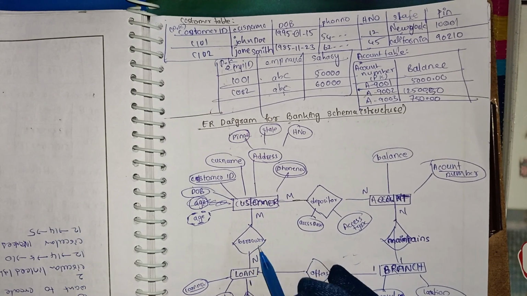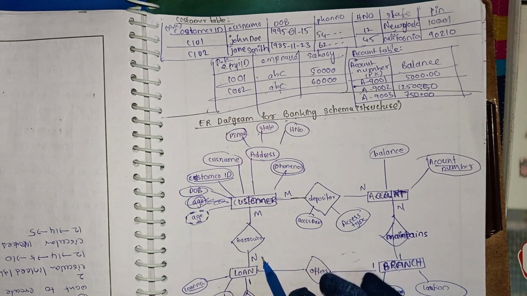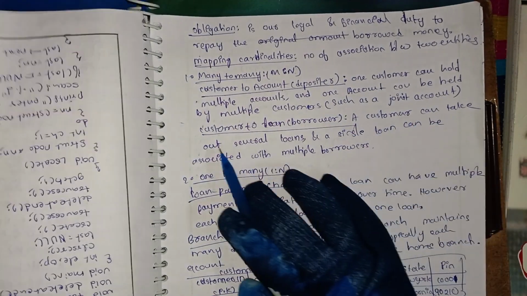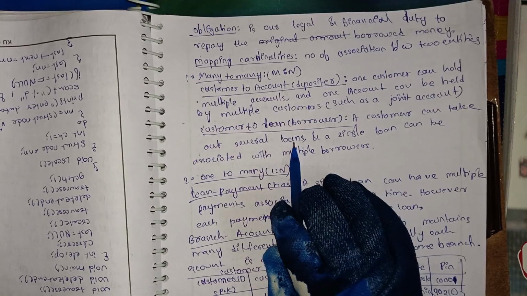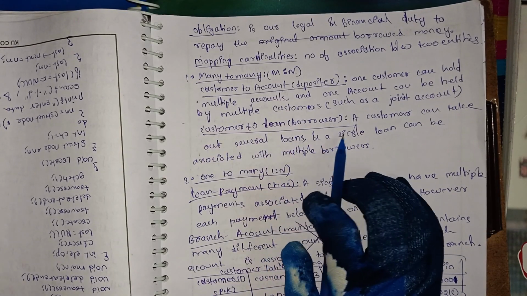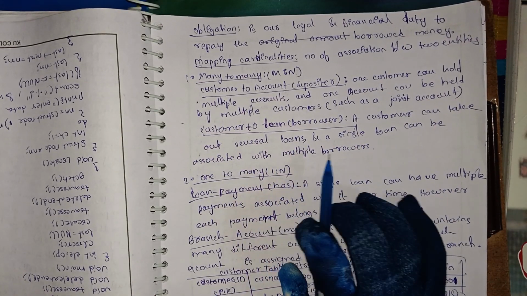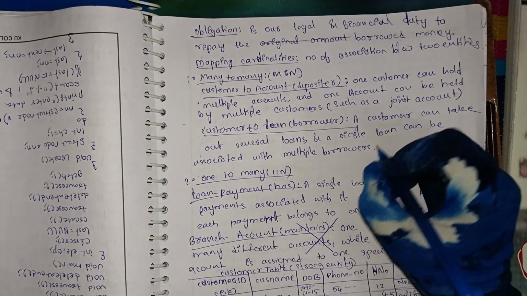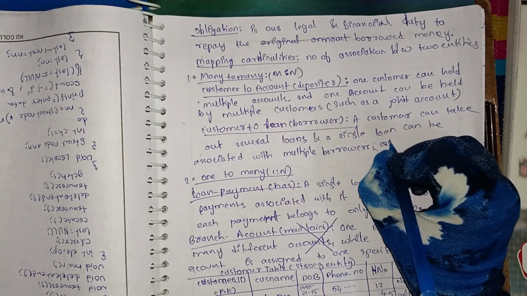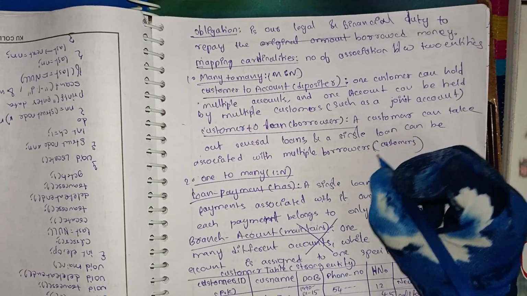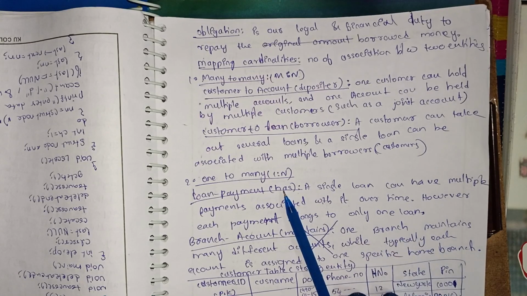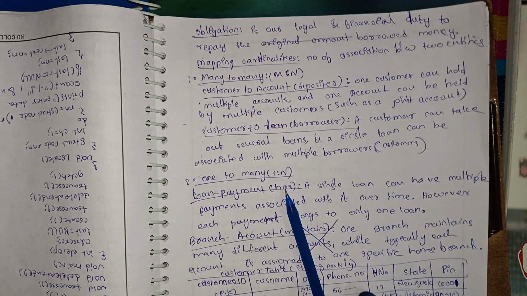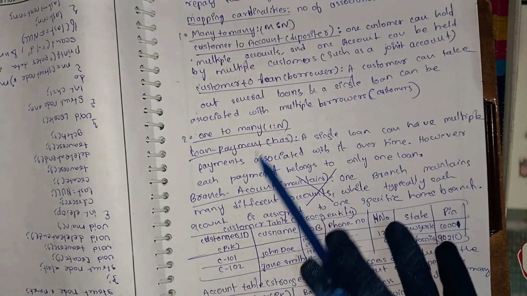Customer to loan, many to many, M to N. So here a customer can take out several loans, and a single loan can be associated with multiple borrowers, meaning customers.